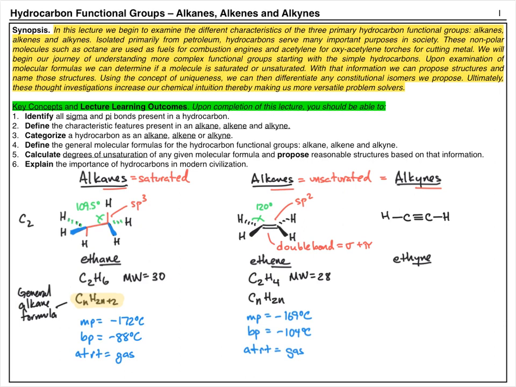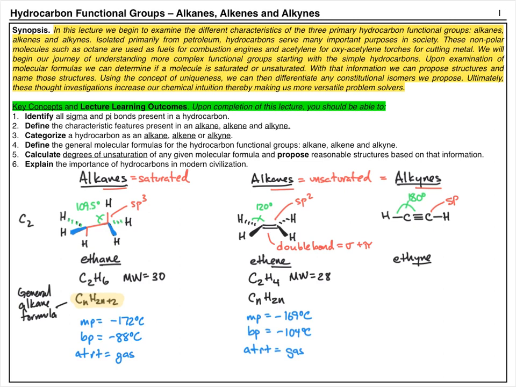Now these carbons are at different hybridizations. These are called sp. And so the bond angle now changes. This bond angle is 180 degrees. And so these type of carbons have a linear geometry.